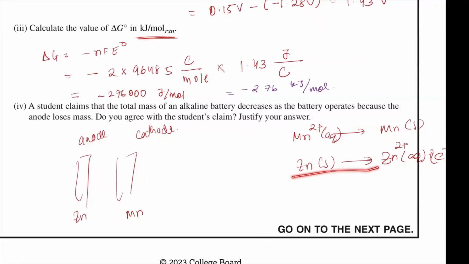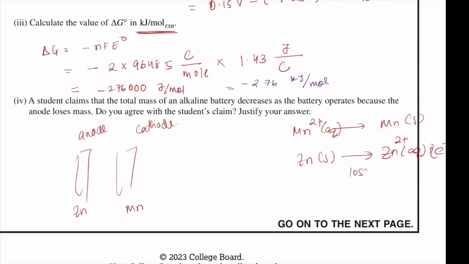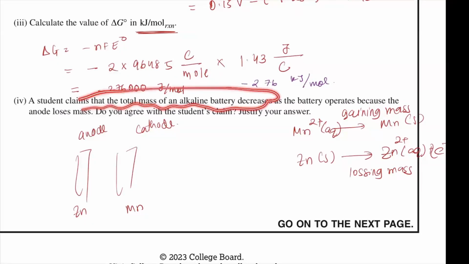That means at the anode, we are losing mass. But at the cathode here, we are actually gaining mass. So overall, the total mass of the battery is just going to stay the same.